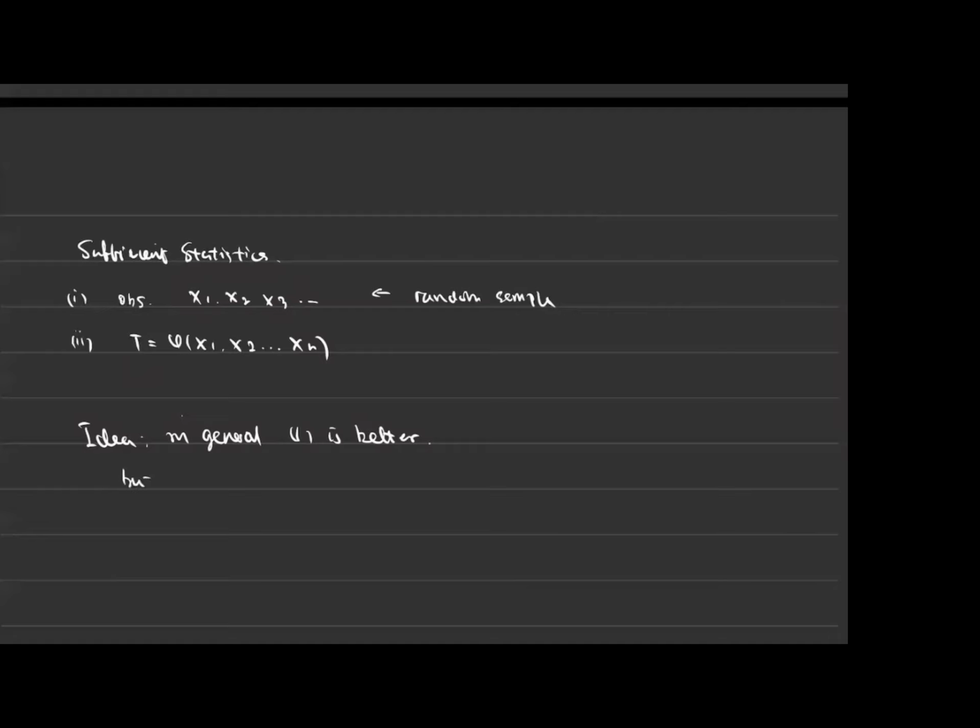But if we can choose a special function t of this phi thing, such that it carries all the information, then we say t is sufficient. So that's the idea here.